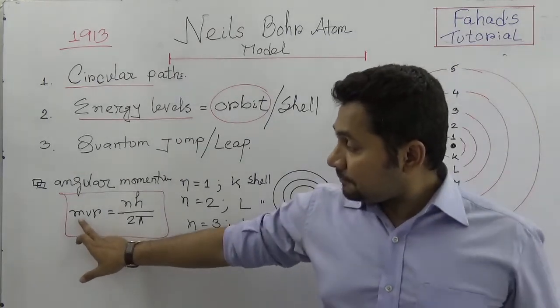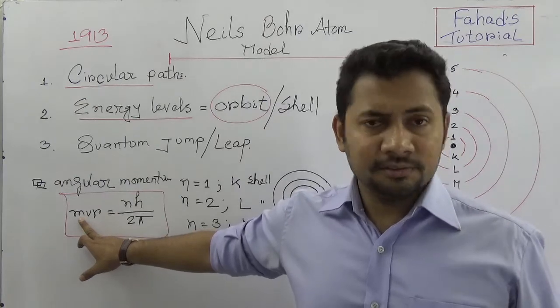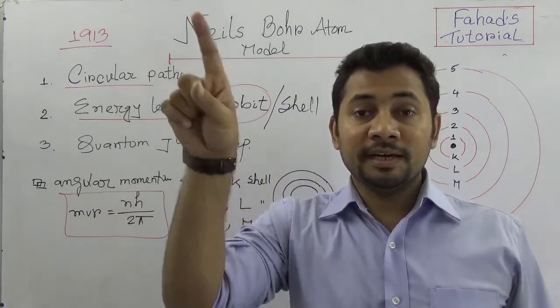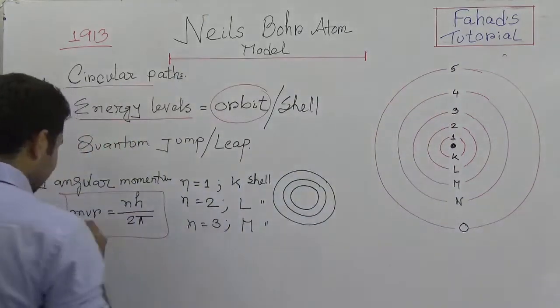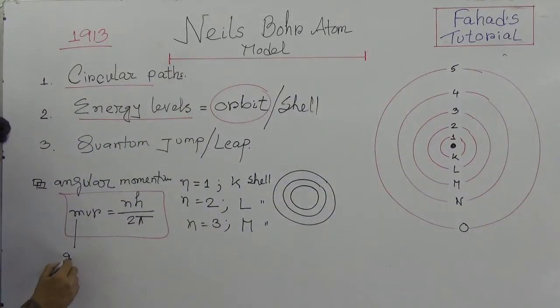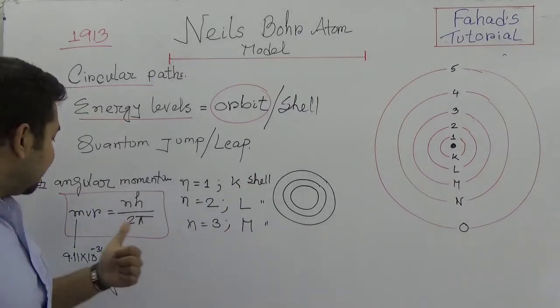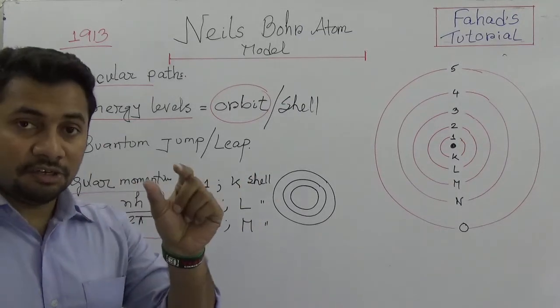Here m is the mass of the electron, which is 9.11 times 10 to the power minus 31 kilogram, or you can say 10 to the power minus 28 gram. V is the velocity of the electron, and r is the radius of the shell.